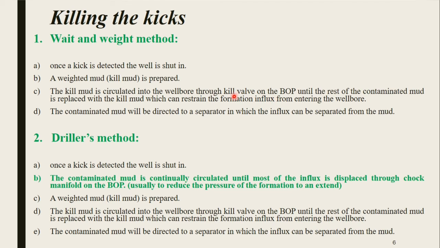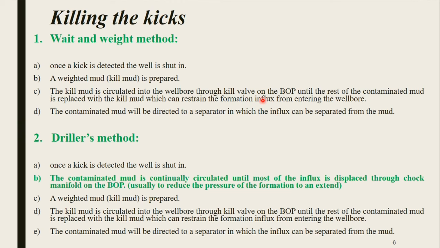You see, a kill valve is a valve on the BOP that is mainly used for injecting fluids into the wellbore. So kill mud is no exception. In order to kill the kick, the kill mud is injected into the wellbore through the kill valve. We'll talk more about this valve on the next slide.